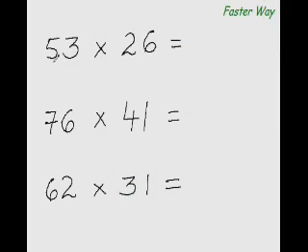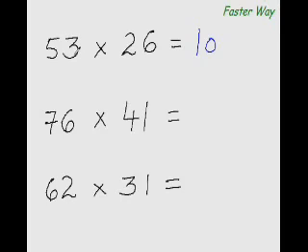So multiplying the first digit of this number with the first digit of this number, 5 times 2 is 10. Okay. Now multiply the first digit again with the second digit, the other digit of this number. So 5 times 6 is 30. But before you put down 30, you have to add to it the product of this digit and this digit.